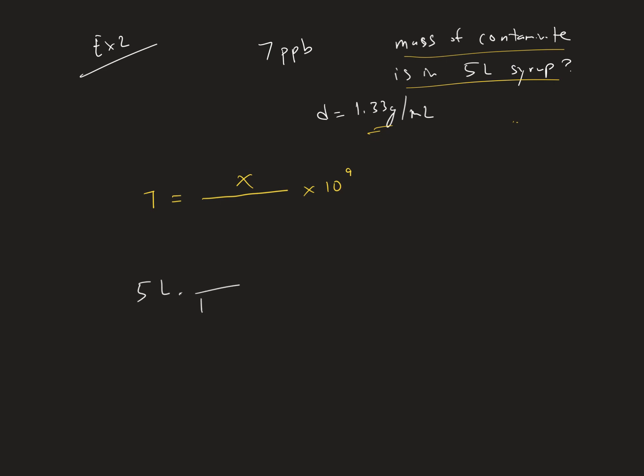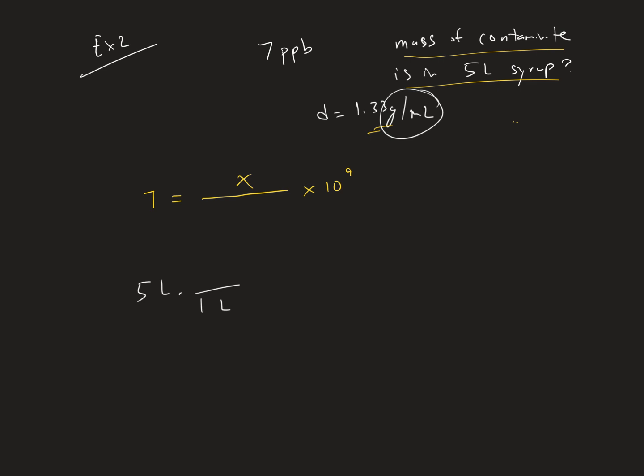Y'all with me? Why do I do this? Because my density is measured in grams per milliliter, and I need to know how many grams, because I got to have grams per gram. This is not a water solution. I can't use grams per milliliter. You with me? Only do grams per milliliter for an aqueous solution.